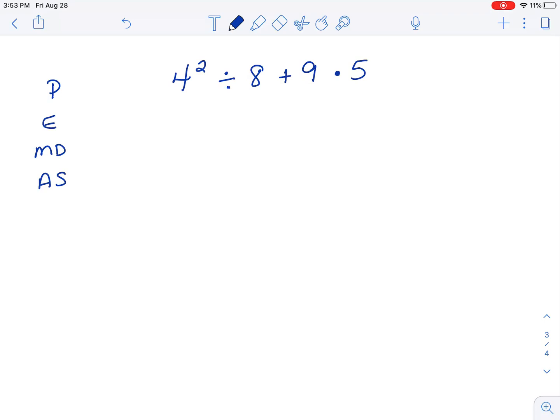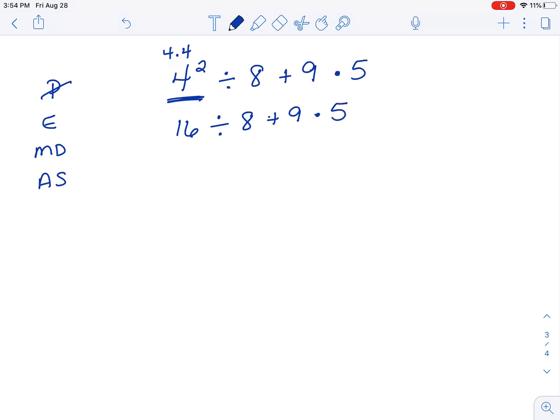Do I have parentheses? Nope. Do I have exponents? Yes. And I tell you something I do so you won't just quickly jump and say, this is 8. I write above it 4. That means 4 times 4. So 4 times 4 is 16. Then I bring everything else down.